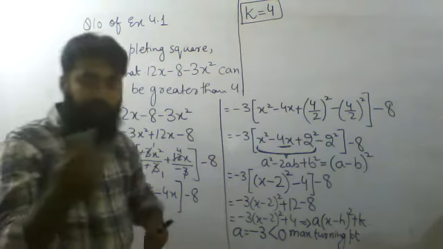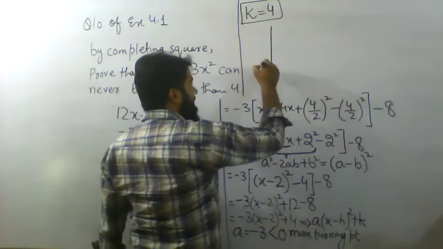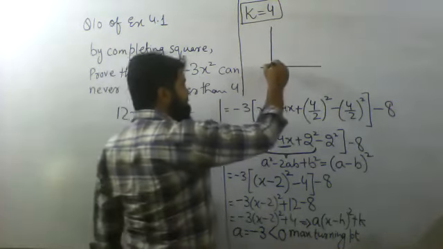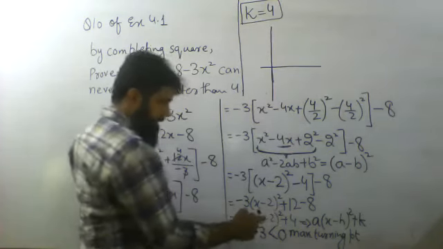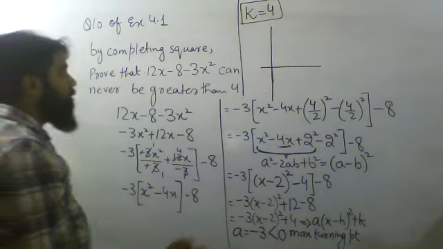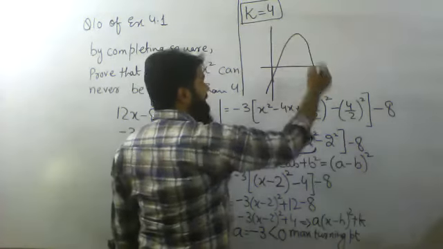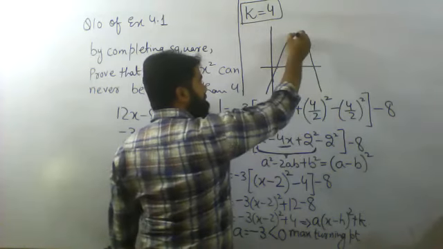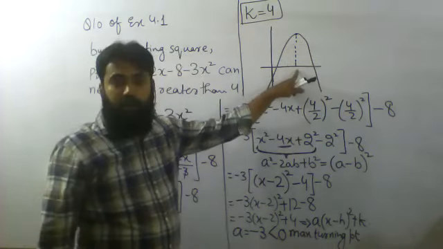Okay. So if I draw the curve, for instance, I'm drawing my curve over here. So what will I have? For instance, okay, I'm going to have something like this. This is the turning point. X coordinate I haven't found, so I'm not writing it over here.